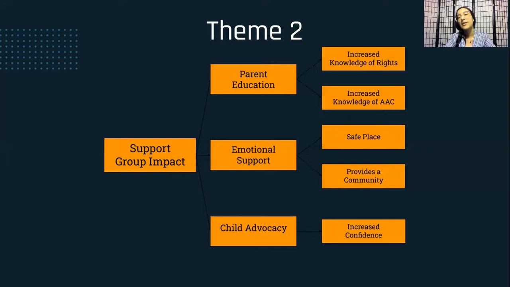In turn, her increased knowledge about her rights and knowledge of AAC really contributed to her increased confidence in advocating for her child. So she mentioned that she was now able to navigate the school system with a lot less fear, and despite intimidations that she has experienced as a parent, she mentioned that she was now a little bit more confident and sure about what she was doing because she knew her rights and she knew the rights of her child.